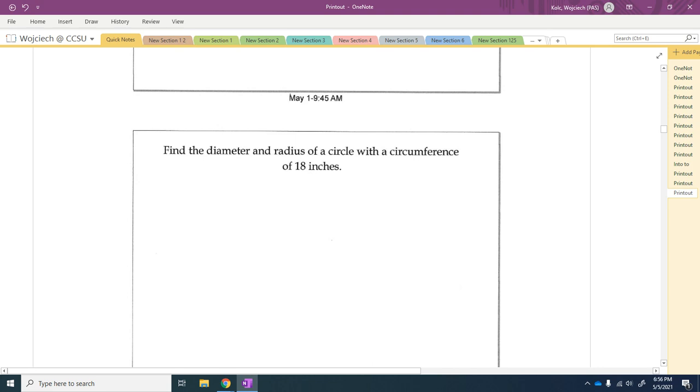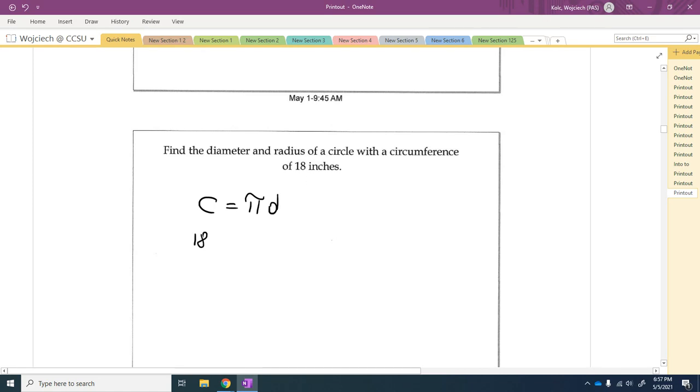Next question. Find the diameter and a radius of a circle with circumference of 18 inches. So now this question is different because we have to work backwards. Now I give you the circumference. We are asking you how long is the diameter and a radius. So circumference is equal to pi d. Okay, that's your formula.